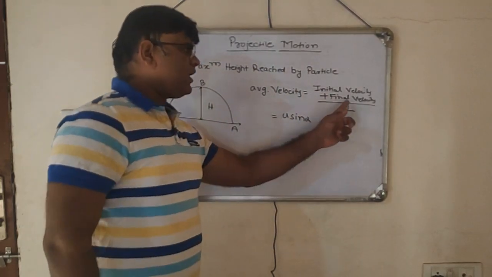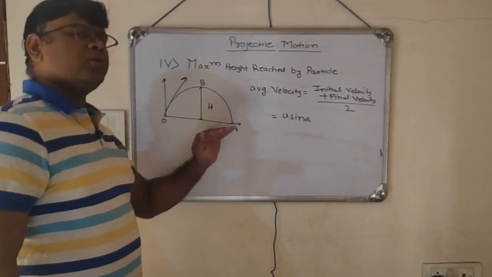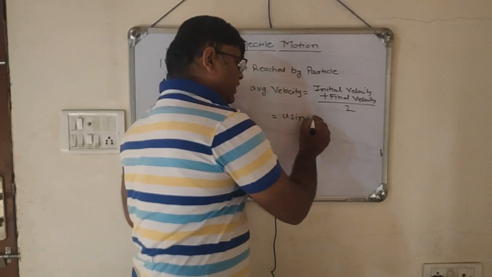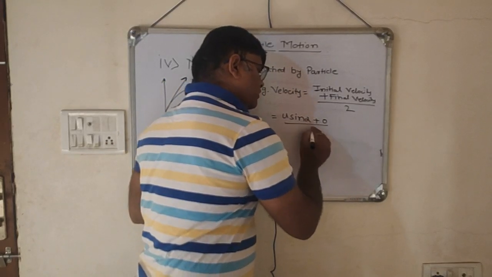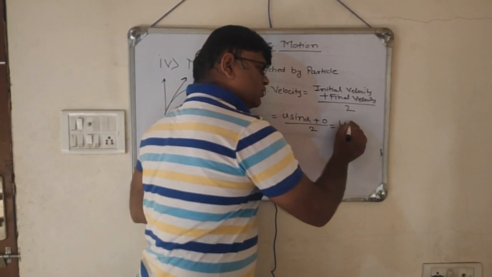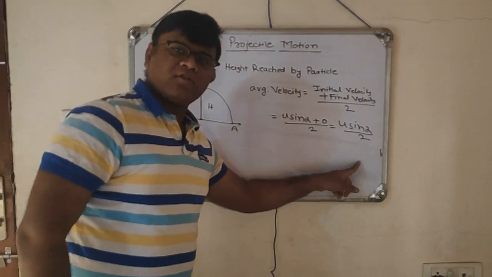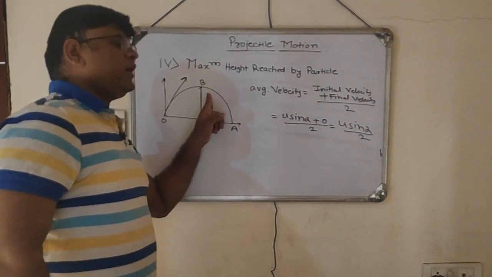Correct? Final velocity at point B, as I told you, the vertical component of the velocity at B becomes 0. So it will be 0 divided by 2. So it is going to be u sin alpha divided by 2. This is the average velocity.